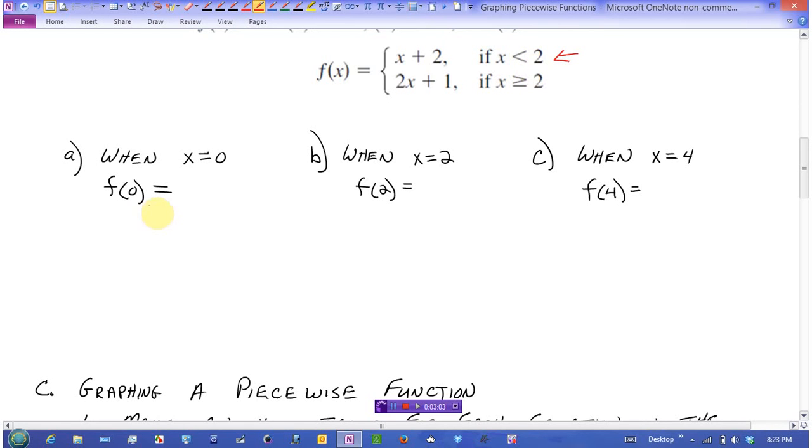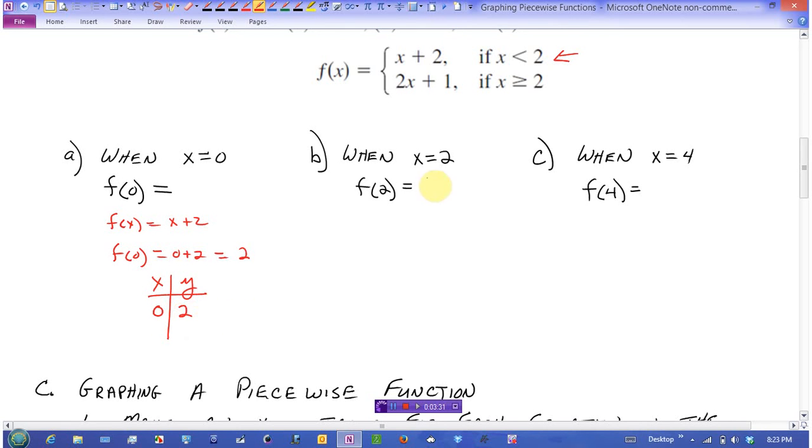So it's going to go into the x plus 2, but the value of x will be 0, so it's 0 plus 2, so my function value, or y, will be 2, right? So if I wanted to make an xy table, I put a value of 0 in, and I get a value of 2 out for y.